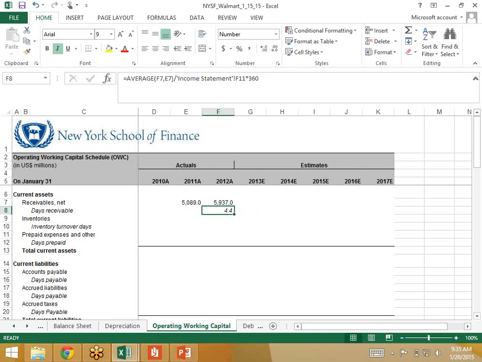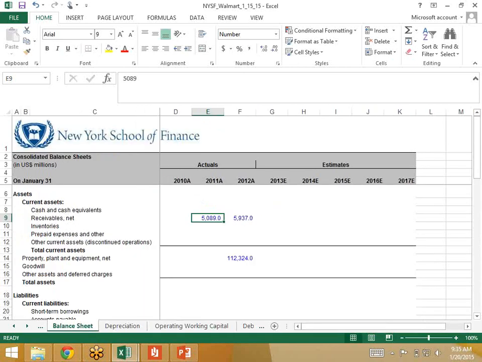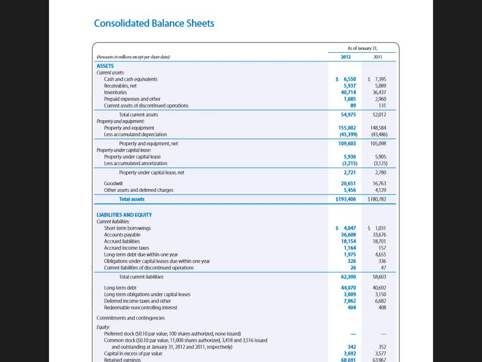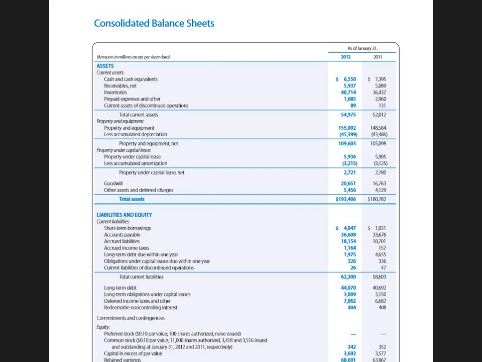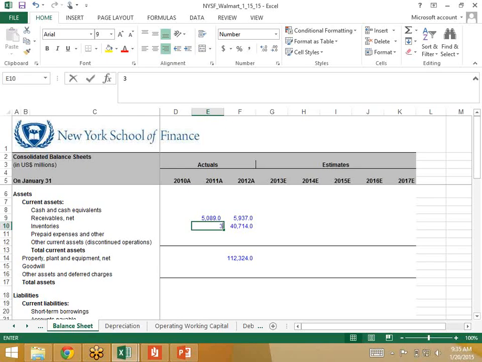How do we look at inventory? It's kind of the same way. So let's first go to the balance sheet. I want to hard code in what the inventory is. The inventory is 4714 in 2012, and in the year before, it's 36437.